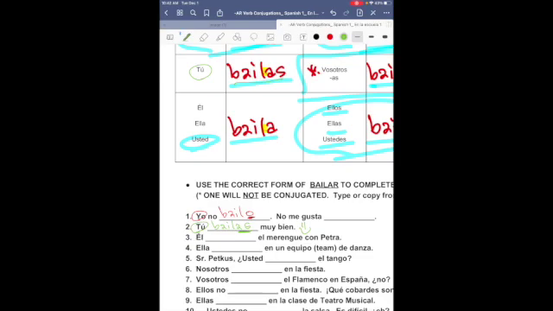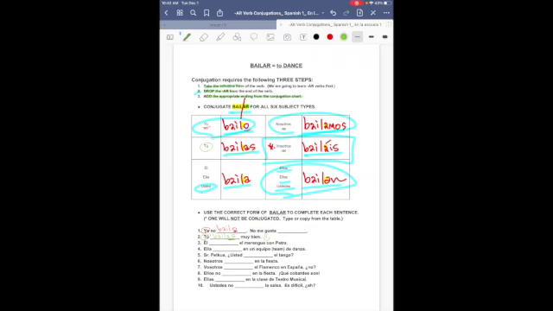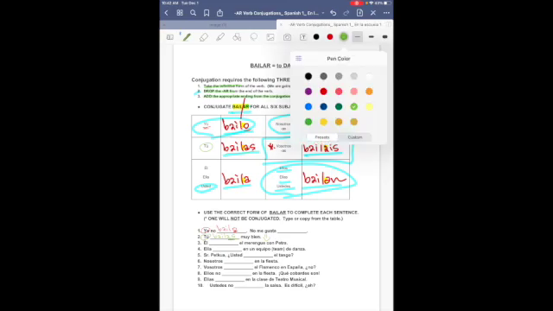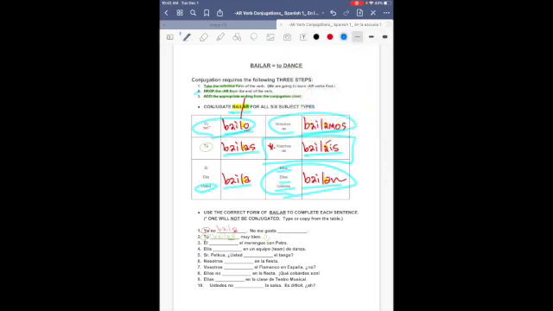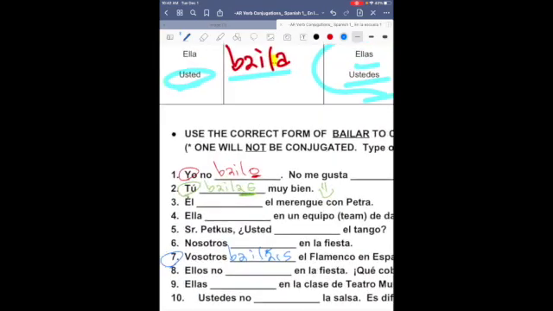We continue along looking at the chart and determining from the chart who is doing the dancing. Here in number 7, vosotros. Vosotros is up here. Just take it right out of the chart. And again, that's the one with the accent mark. Bailáis el flamenco.